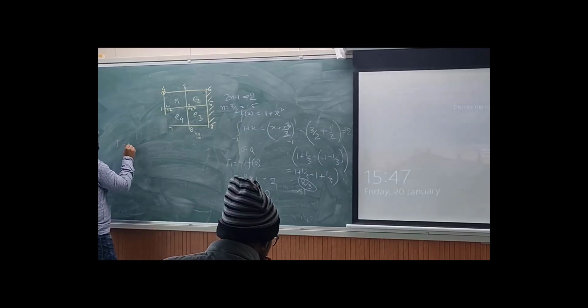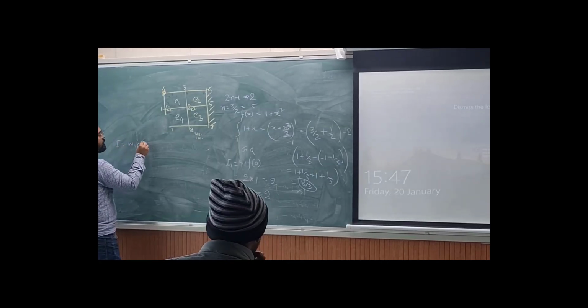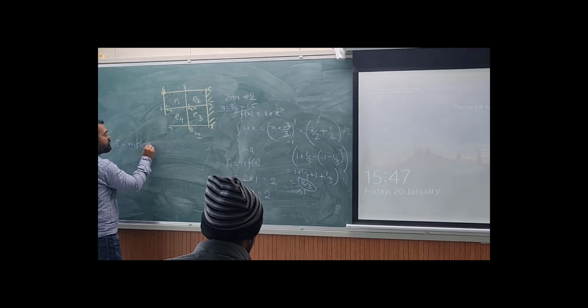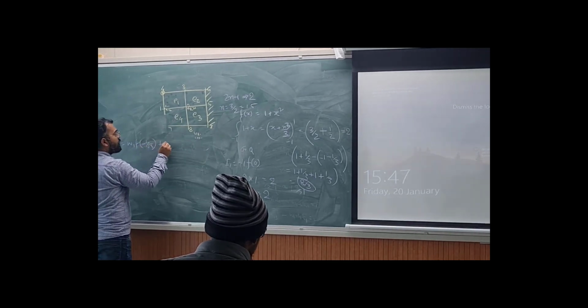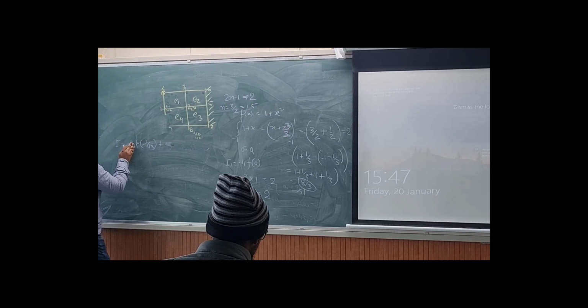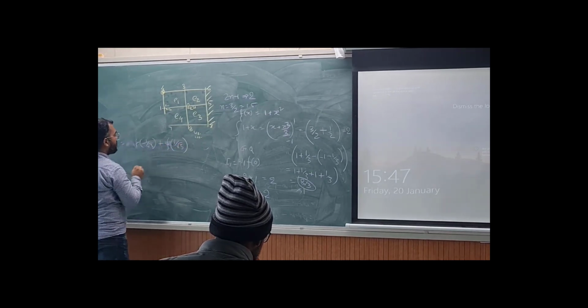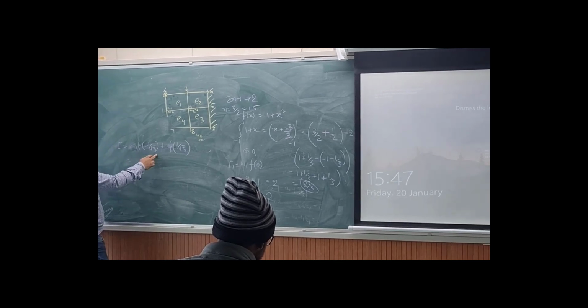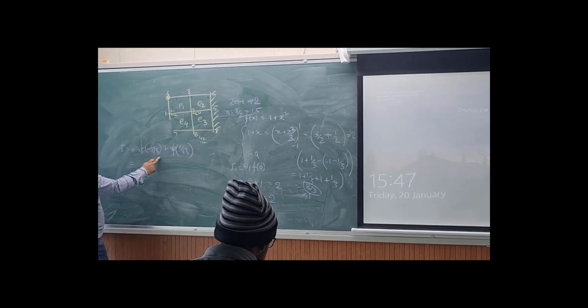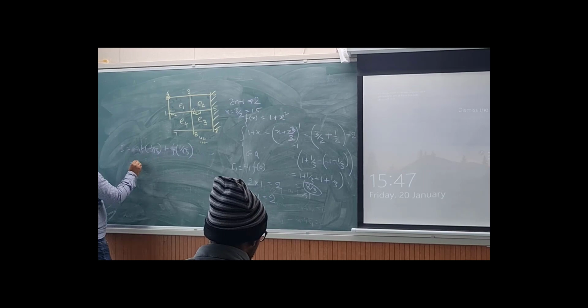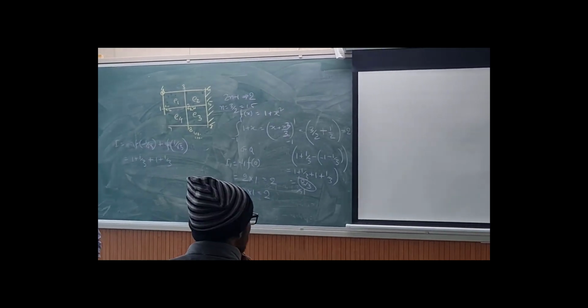I is equal to W1 f of minus 1 by root 3, no? Plus W2 is 1, so I don't need to write it. So f of 1 by root 3. So f of minus 1 by root 3 will be how much? 1 by 3. 1. Right?